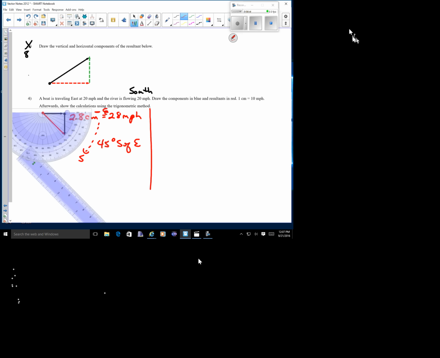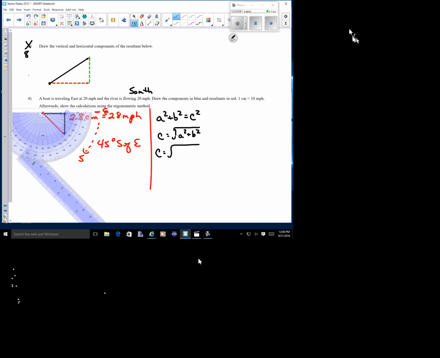So that means that c, which is our resultant, equals the square root of a squared plus b squared. So I'm going to take a, which was my first vector over here of 2, the other vector is also 2, but we're going to square both of those. So the square root of 8 ends up giving you 2.8, once again, and that's going to be 28 miles per hour.